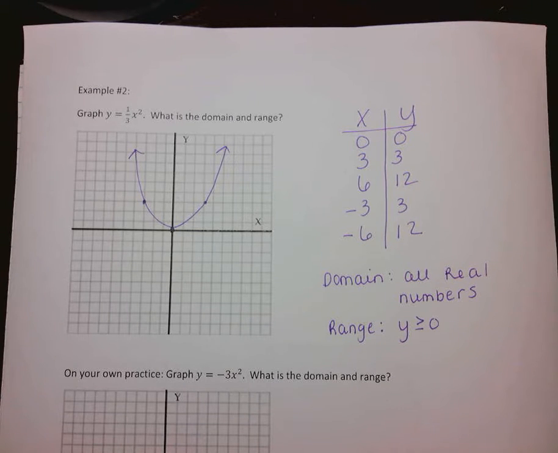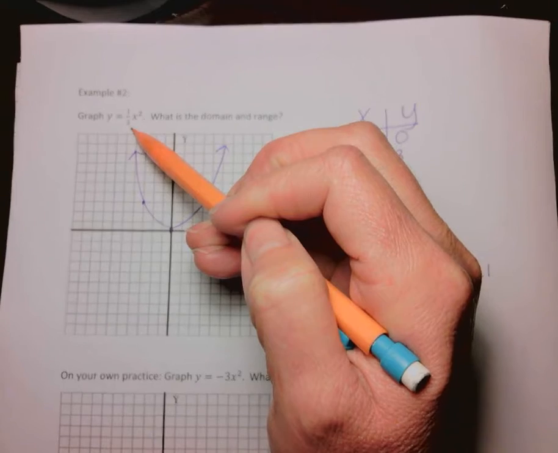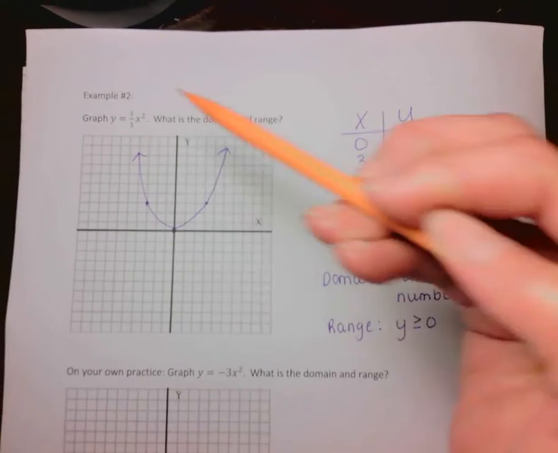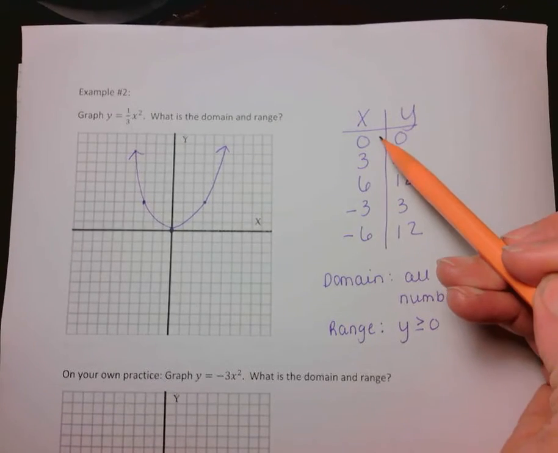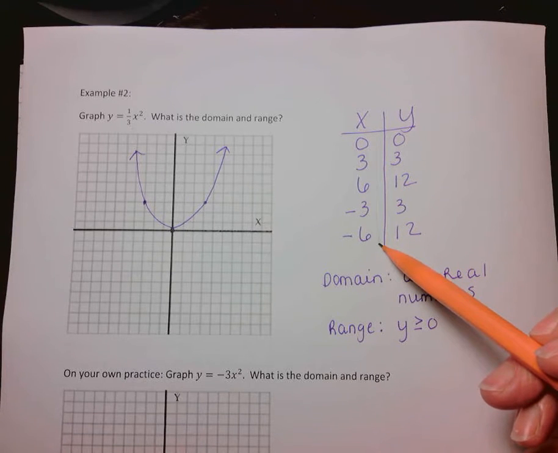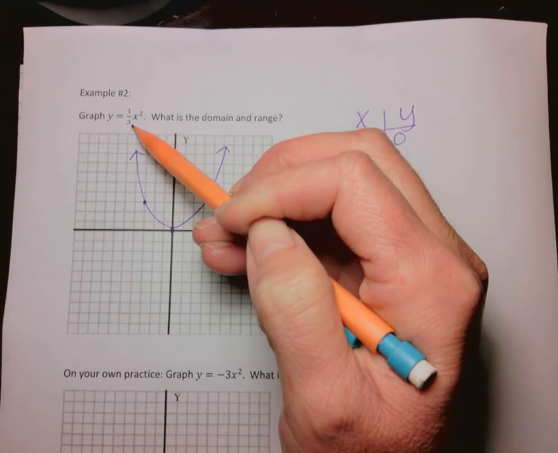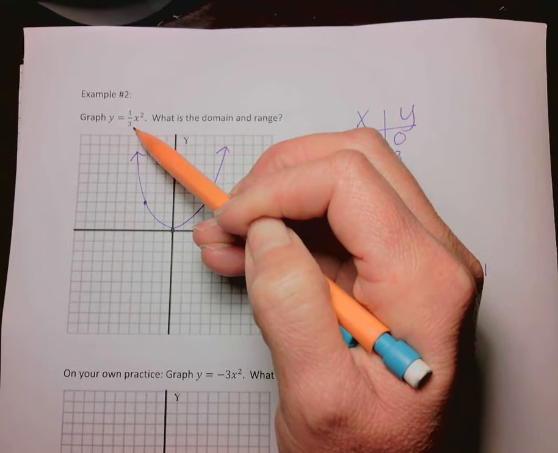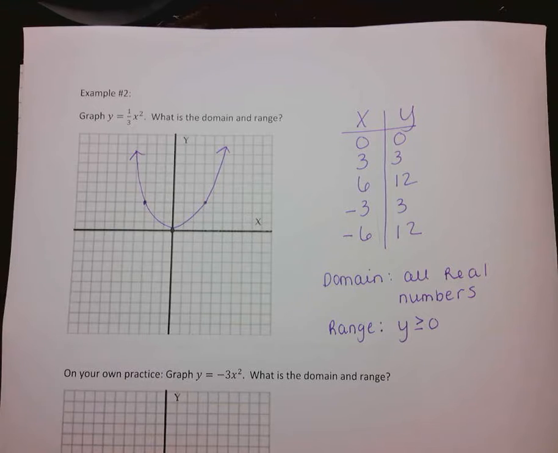So now notice here, my denominator is 3. So I wanted to pick values for x that would be mathematically simple given the fact that my denominator here is 3. So what's the domain and what's the range?